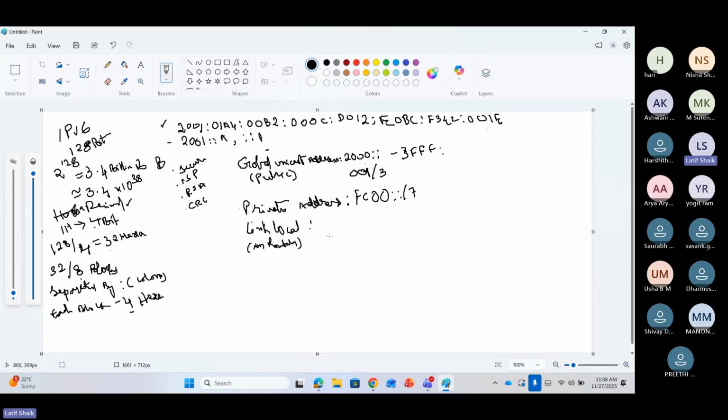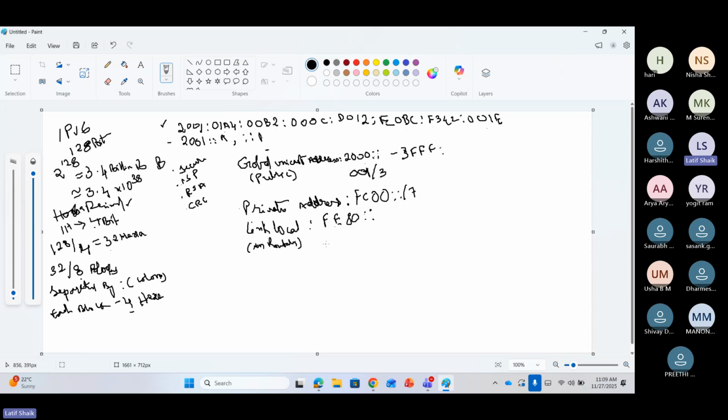The range is FE80 colon colon. This is the link local, a system auto-generated IP address.